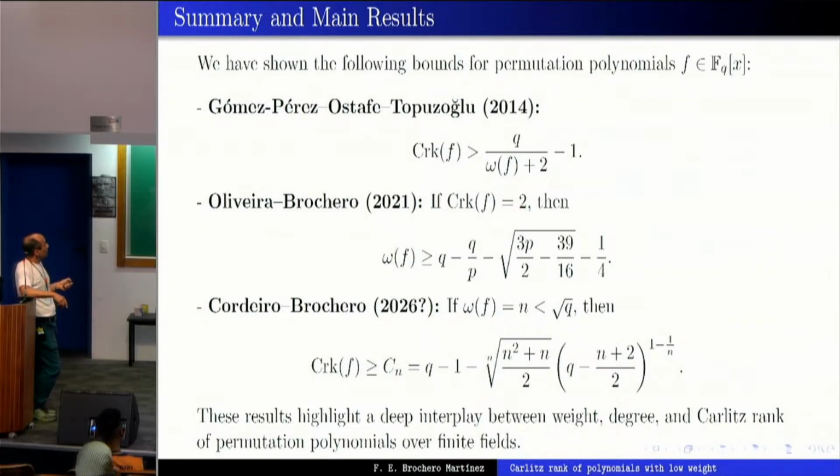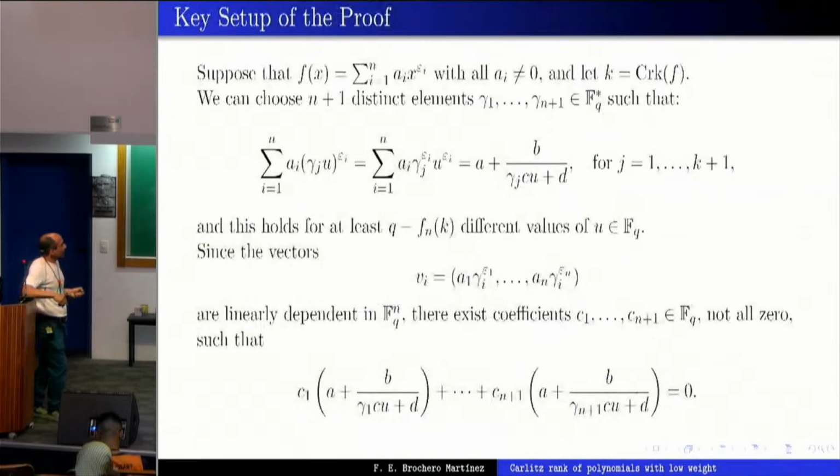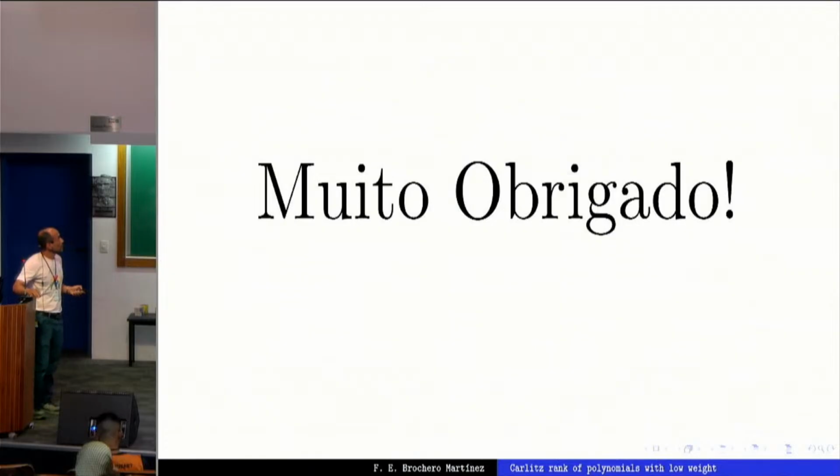This is the original result of Pérez, Ostafe, Topuzoglu. This is a result with Jose for Carlitz rank 2, and this is a result with Michele with weight less than the square root of q. We had this inequality. That is all. Thank you very much.